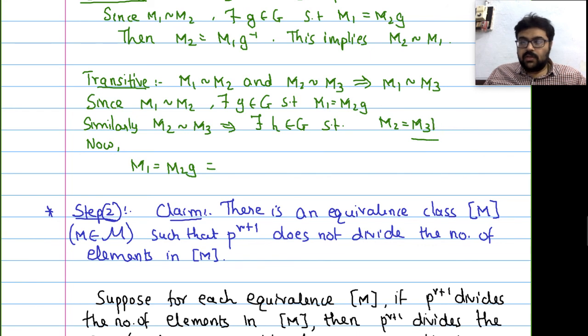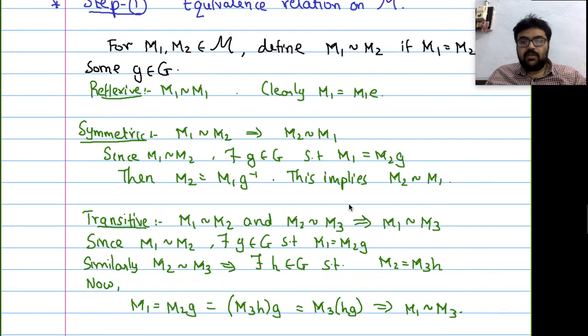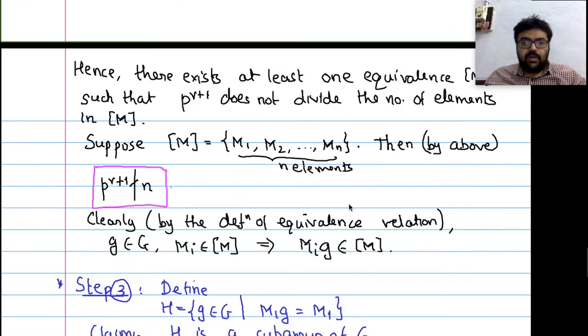So M1 equals M3HG. HG belongs to G. So M1 equals M3 times some element in G. So this implies M1 is related to M3. The relation is transitive. Yes. So all this verification is very easy. Step 2 we have already verified.